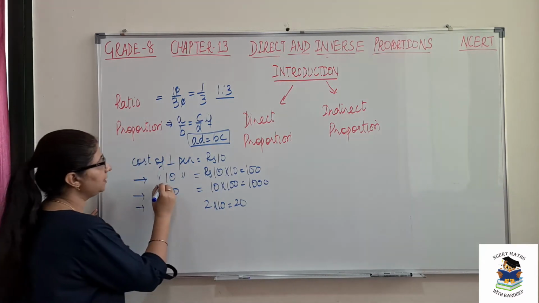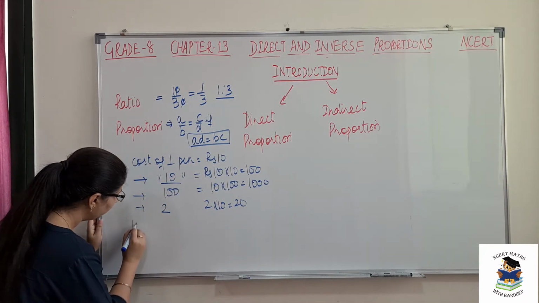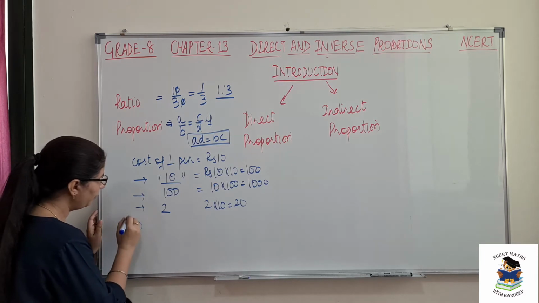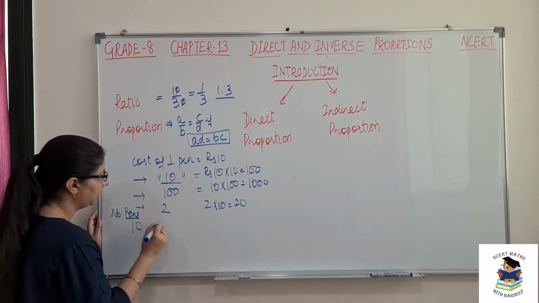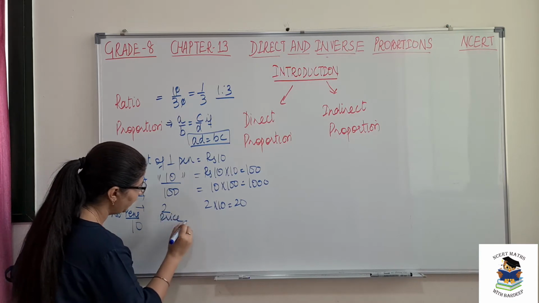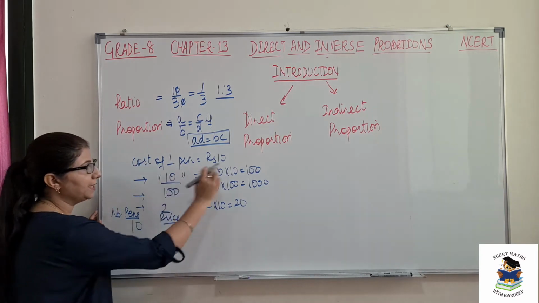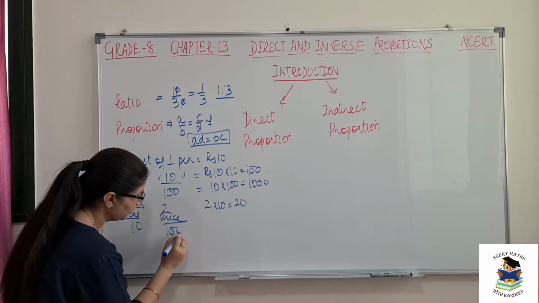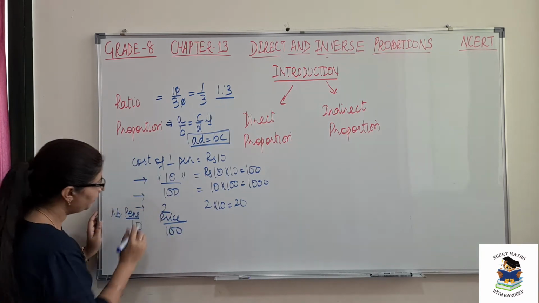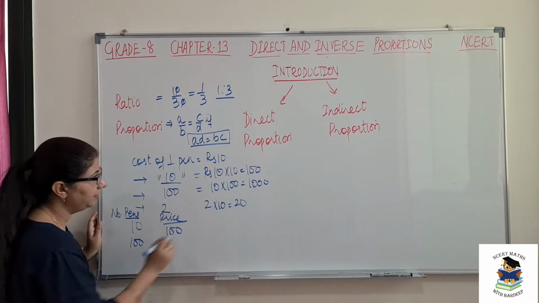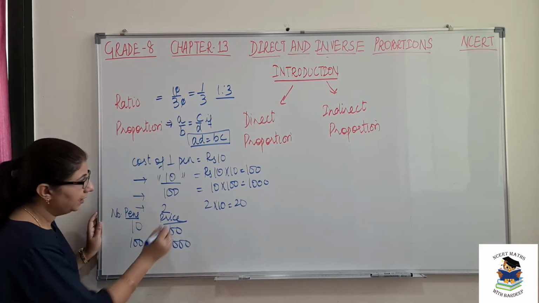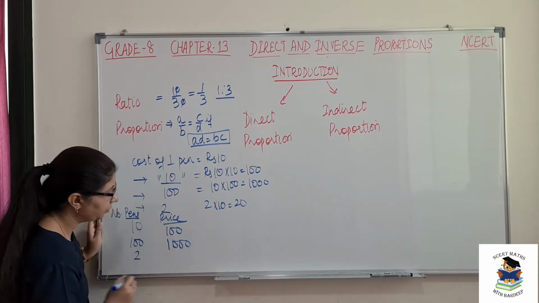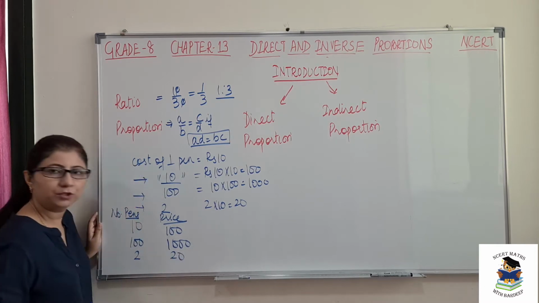So what we can see is, if number of pens, here I will write number of pens and here it is price. If number of pens are 10, price is 100. If number of pens are 100, price is 1000. Okay. If number of pens are only 2, price is 20.